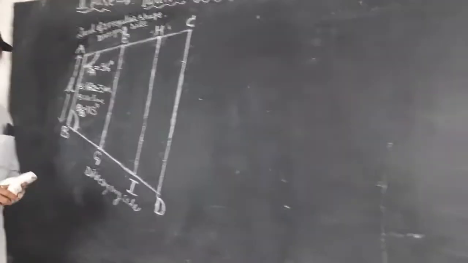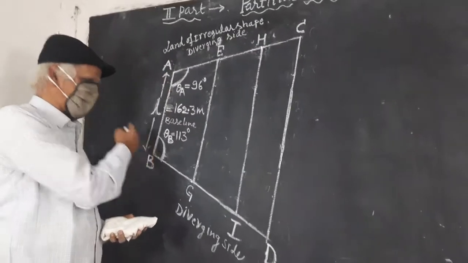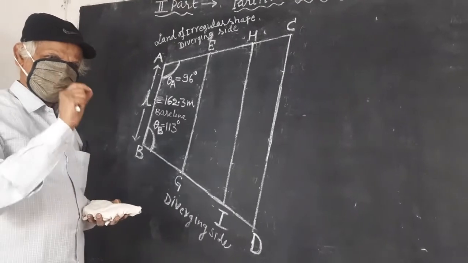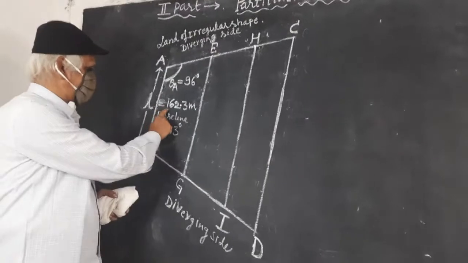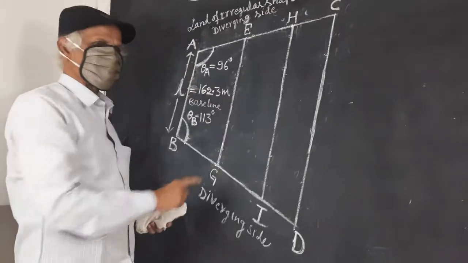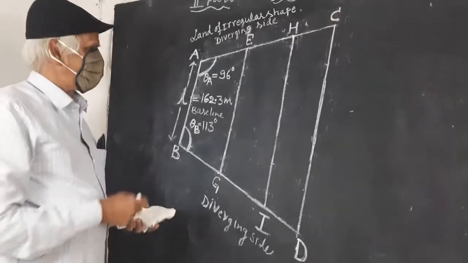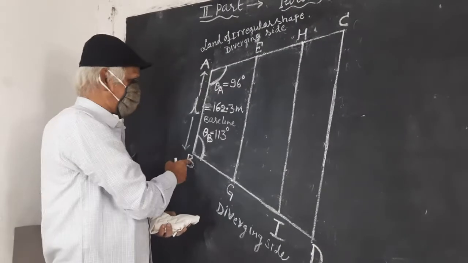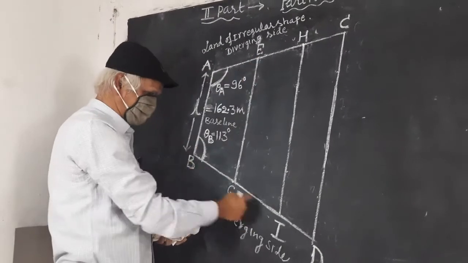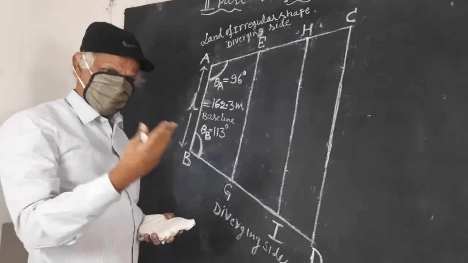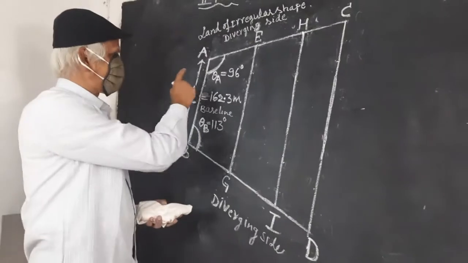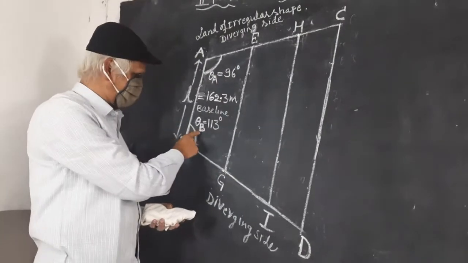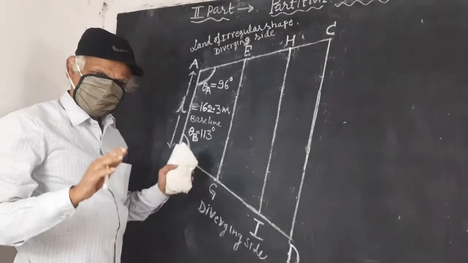In this, the length of the one side, now I call it as a baseline, is given, say, 162.3 meter. The two included angles between the baseline and the two diverging sides are also given, say, theta A is equal to 96 degree and theta B is equal to 113 degree.